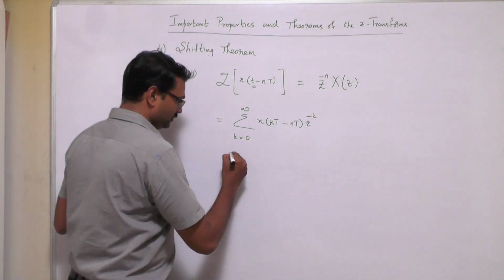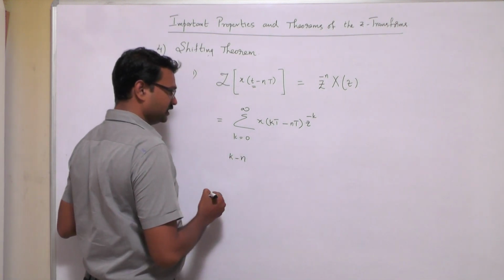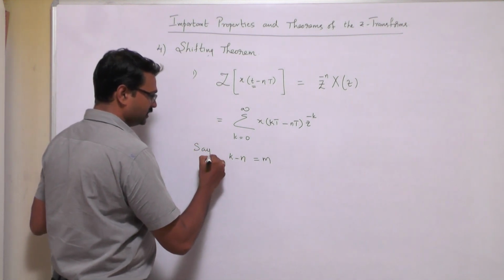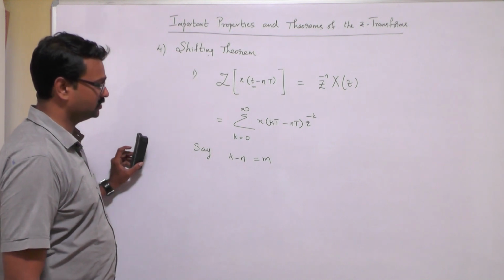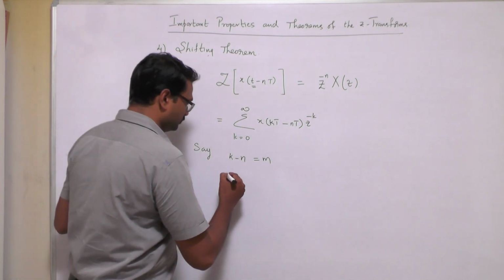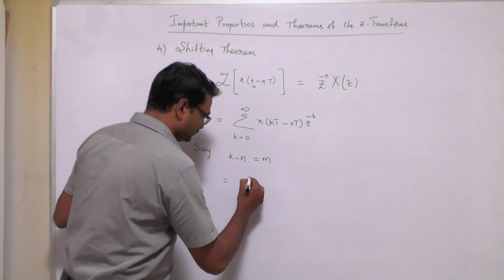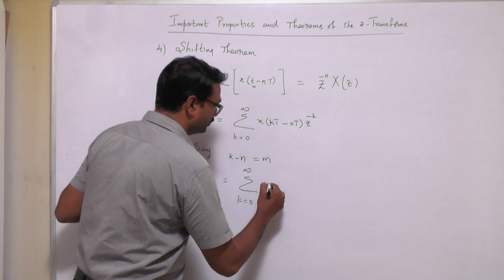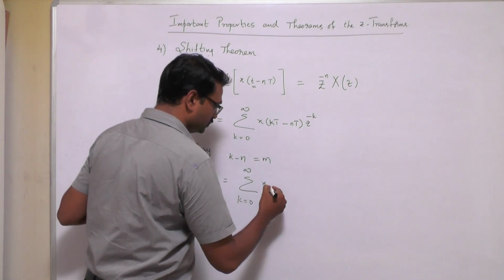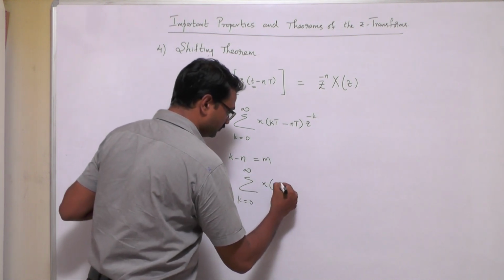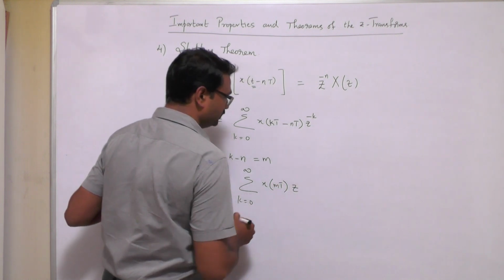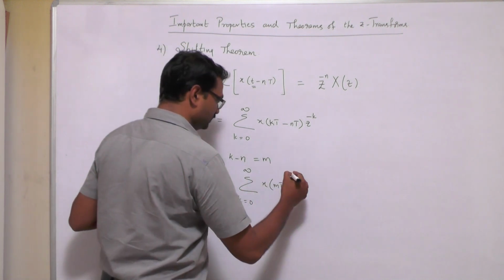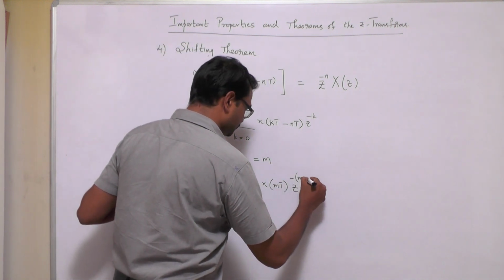Now let us say k minus n is m. We can say that let k minus n be equal to m. So replacing this, sigma k is from 0 to infinity x of (k minus n) into T, you can write it as x of mT, and z power minus k. k is nothing but m plus n.